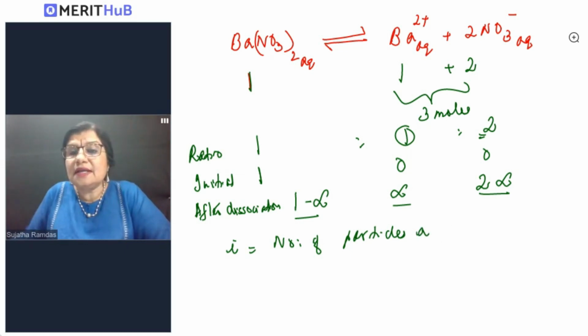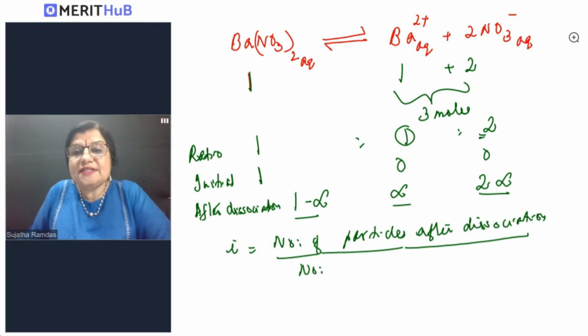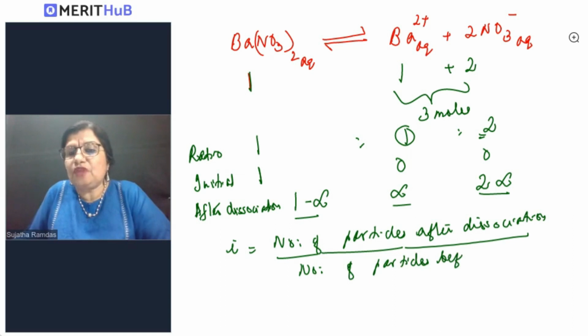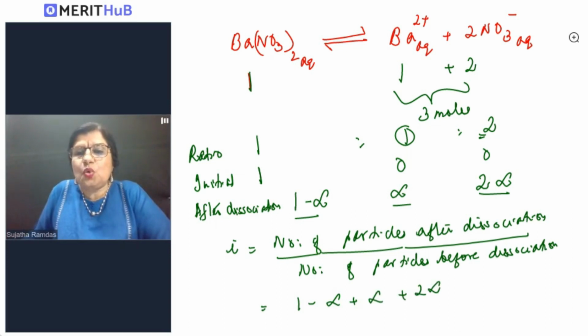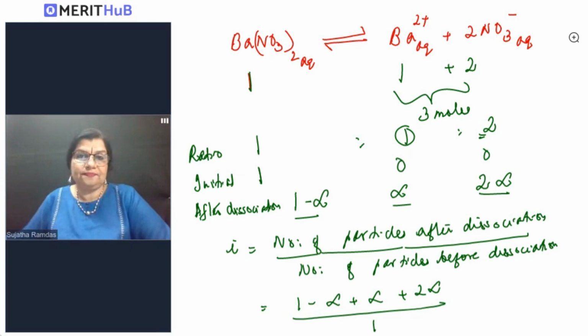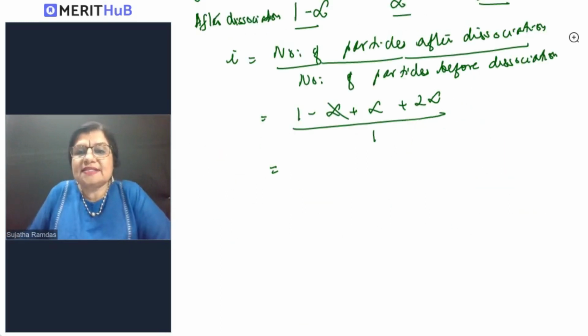Number of particles after dissociation divided by number of particles before dissociation, which means the initial number of particles. So what are the number of particles after dissociation? 1 minus alpha plus 2 alpha divided by 1. And this gets cancelled, 1 plus 2 alpha.